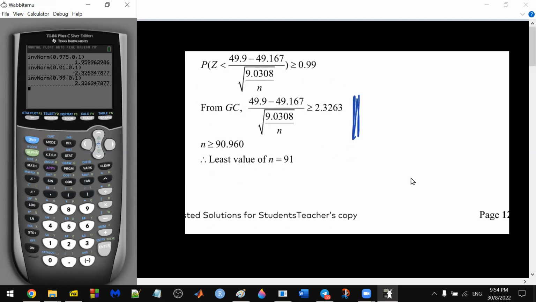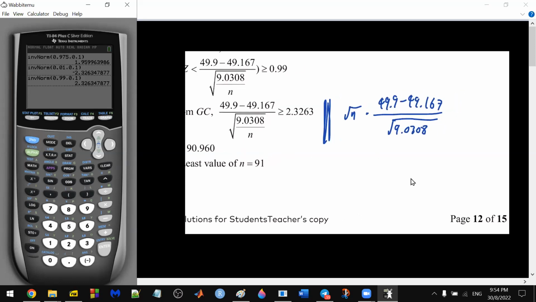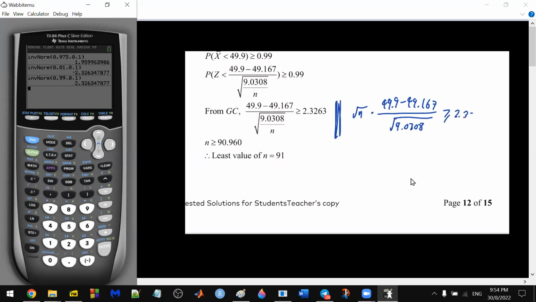So what they do? They use the more accurate version. I think maybe it really is a rounding error. Oh, that's very bad. So square root n multiplied by 49.9 minus 49.167 divided by square root 9.0308. Number is so big, more than or equal to 2.3263.